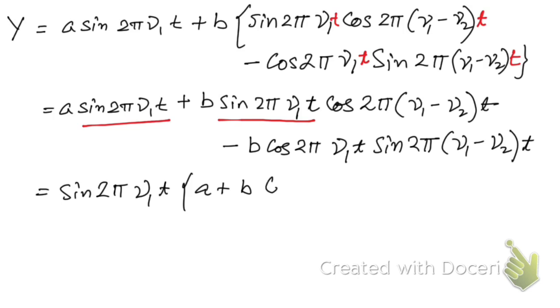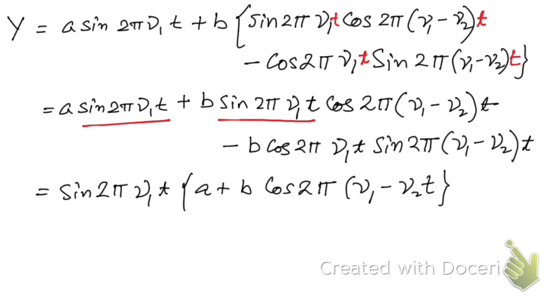Then cos 2 pi nu1 minus nu2 t. Only this t is taken common, not this one. Okay, there must be a t. So now let me rearrange these terms.